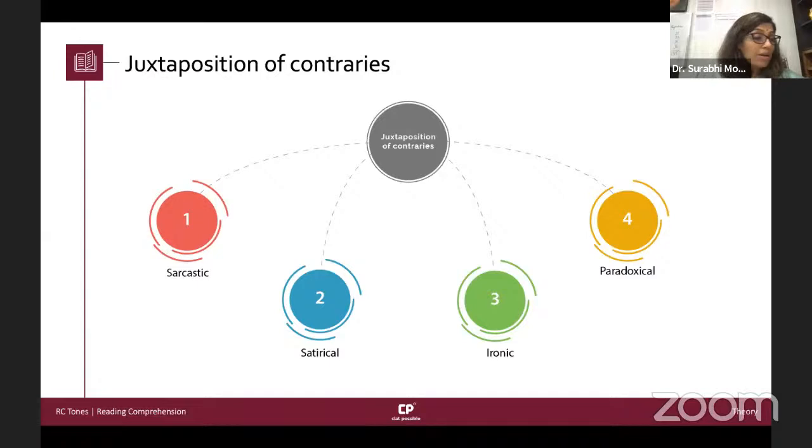Then we come to irony. Irony basically is situational. Irony we will also study as a figure of speech. A situational irony means that something where the opposite of that thing happens when you are not expecting it. However, irony in figure of speech, I will be teaching you in the session on figures of speech.